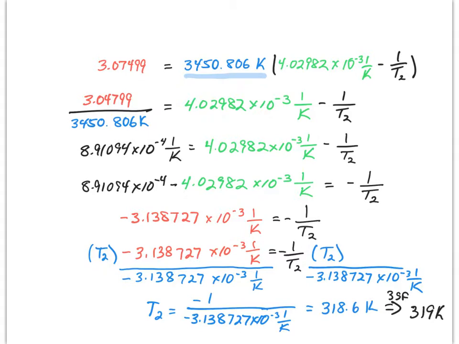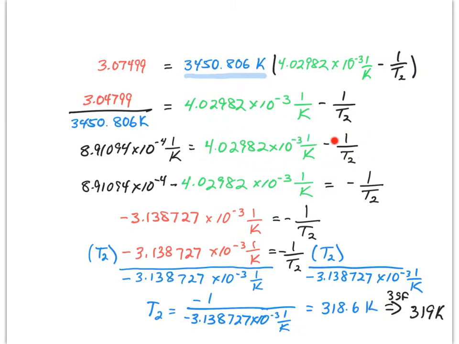So when we divide by that term, that term becomes 1 on the right side, but on the left side, we have this number, which was a log number, so it has no units, divided by the number that was our slope. That's going to give us this number in units of 1 over Kelvin, right? Now we have this number in units of 1 over Kelvin.